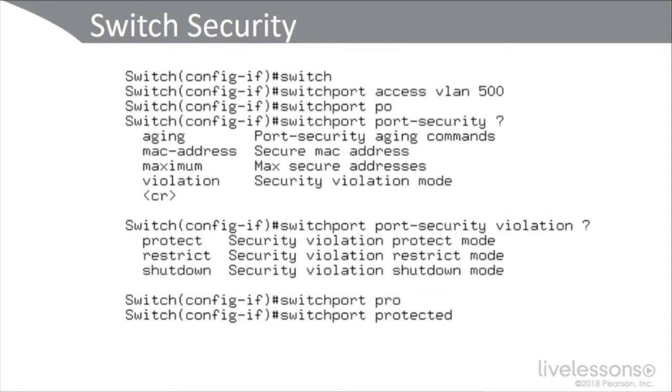We can also take a port or 2 ports on a switch and apply what's called switchport protected. This is called PVLAN Lite, okay, or private VLAN Lite. And this can take 2 ports on a switch, and if the 2 ports are both protected, they cannot send frames to each other at layer 2. So this is a way to isolate ports locally on a layer 2 switch from one another by putting in the protected keyword.